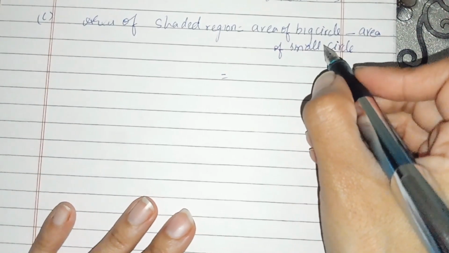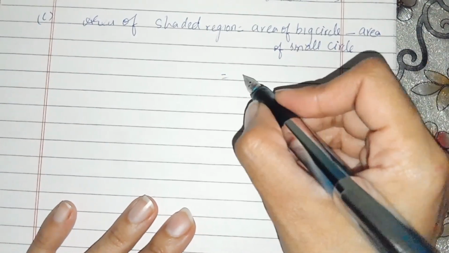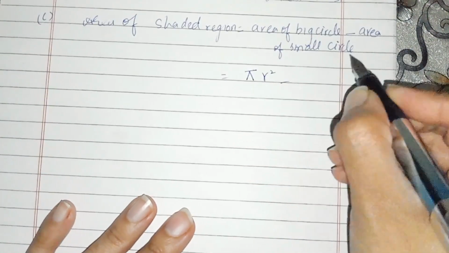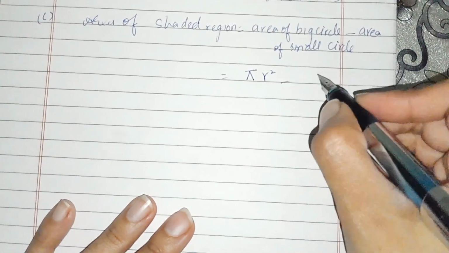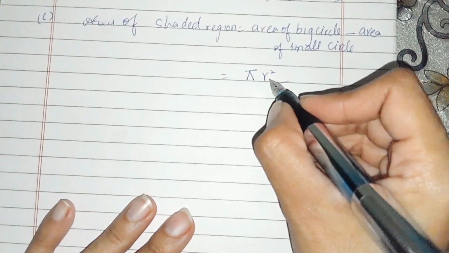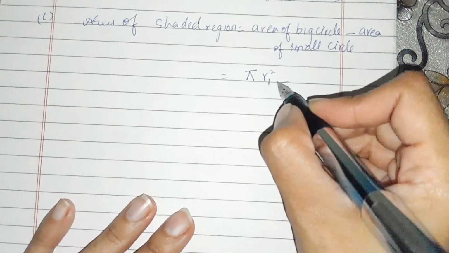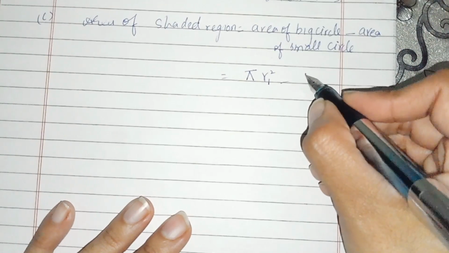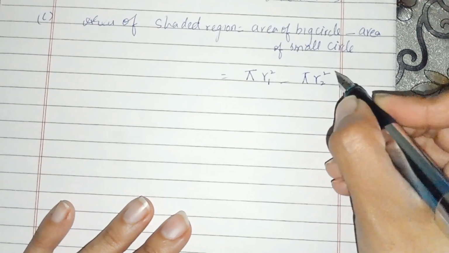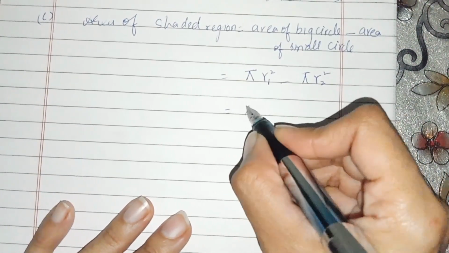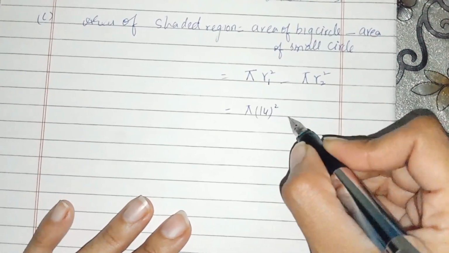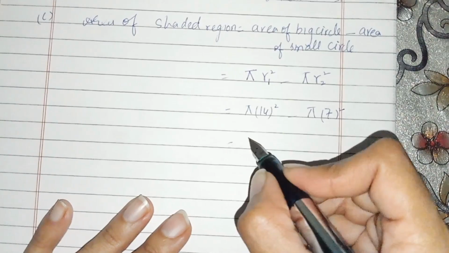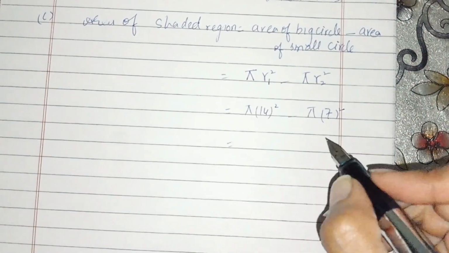The area of the big circle is pi r square, and we can differentiate it by r1, and the area of the small circle is pi r2 square. Its radius is 14 and its radius is 7. Now you can solve it.